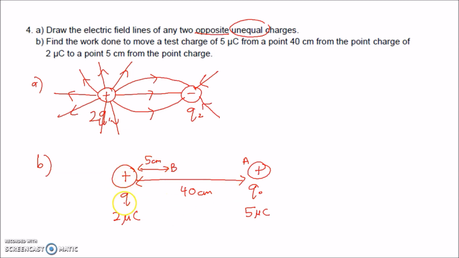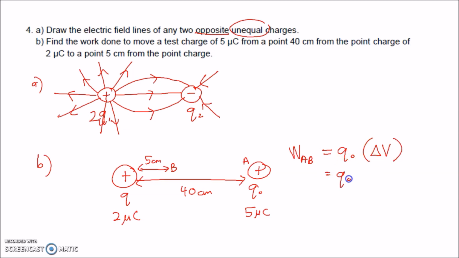So based on the question, we have point charge Q, test charge Q0, and we move this test charge from 40 cm to 5 cm. What is the work done? So work done, we move the test charge from A to B, initial to final, equals Q0 times the potential difference.